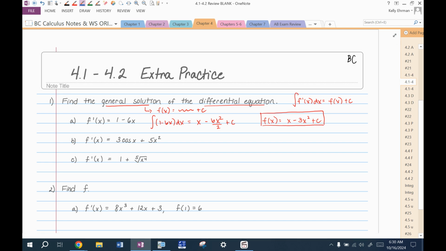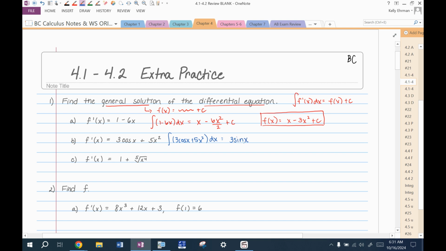All right, so I want to take the integral of 3 cosine x plus 5x squared dx. So the integral of cosine, remember when you're thinking of trig integrals, it's always like cosine is the derivative of what? So the integral of cosine is sine, and so this will be 3 sine x.